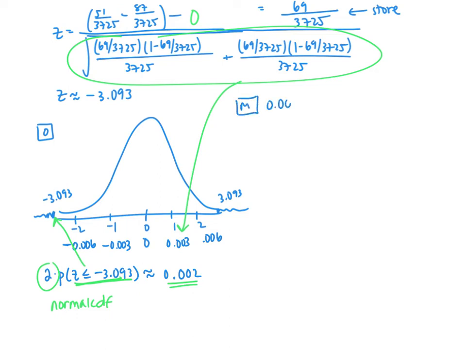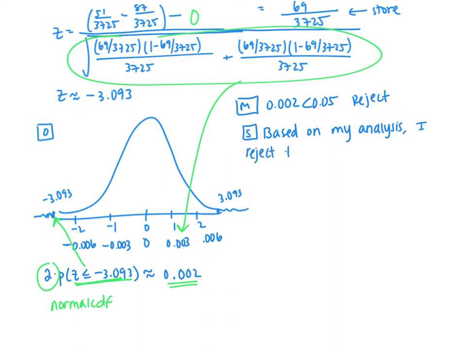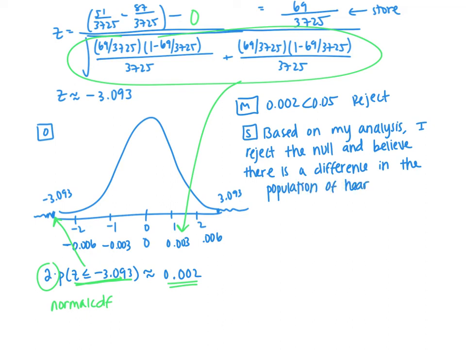So in this case, 0.002 is less than 0.05, so we are going to reject. Based on my analysis, I reject the null, and believe there is a difference in the population proportion of heart attacks.